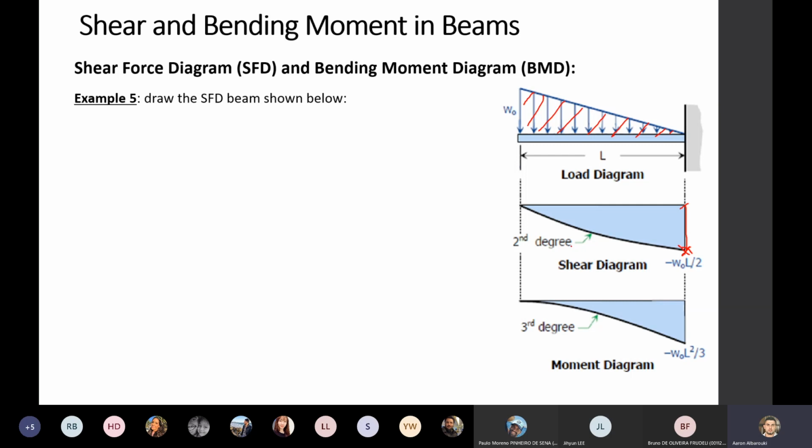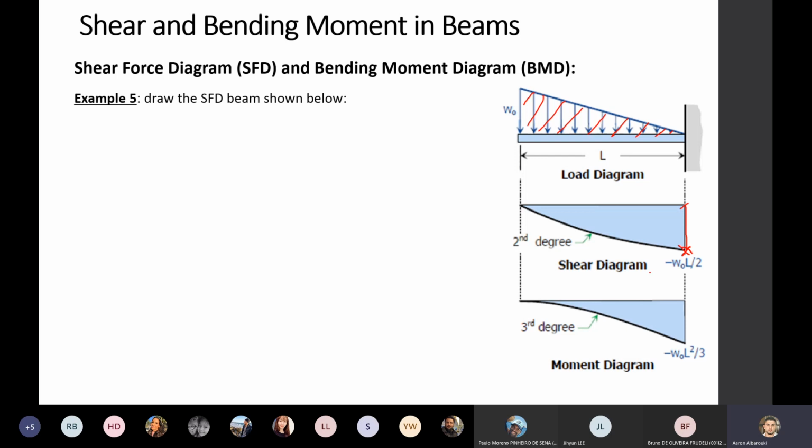I have a second degree curve, which, if I integrate, will produce a third degree curve. I don't really care how you draw it, I'm not asking you to draw it accurately. All I care about are the values you establish and the shape. So I know for a fact it's a third degree curve.